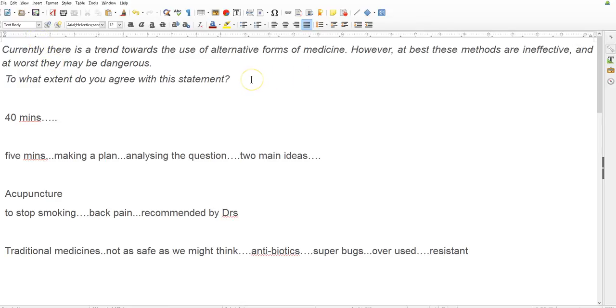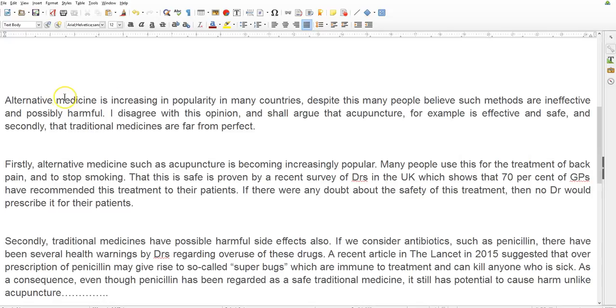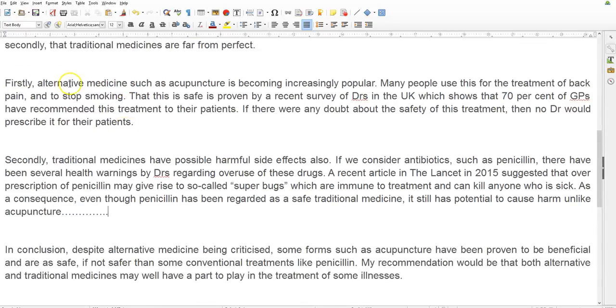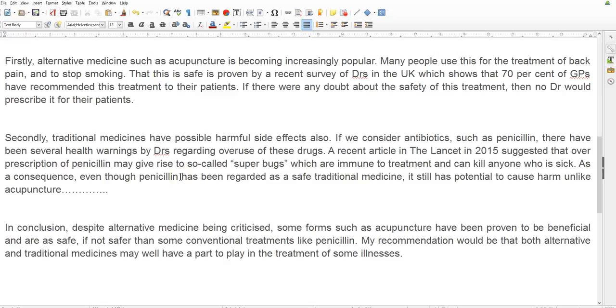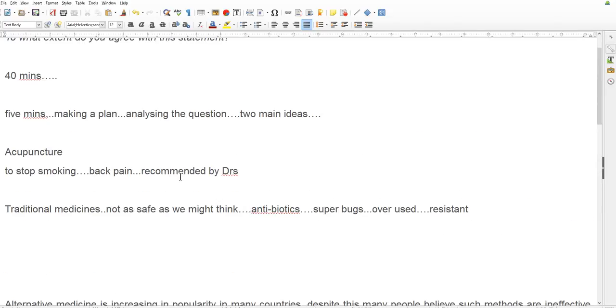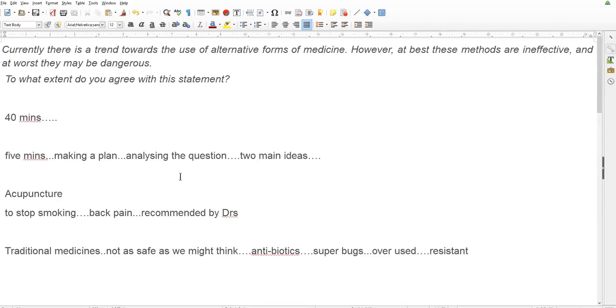So let's just have a quick check. Have I answered this question? Do I agree that alternative medicine is ineffective and dangerous? No. Okay, I disagree. Acupuncture is effective rather than perfect. Alternative medicine, okay. Traditional medicines. Right, so that's not bad. That's not too bad at all. Now, that's just to give you a general idea.